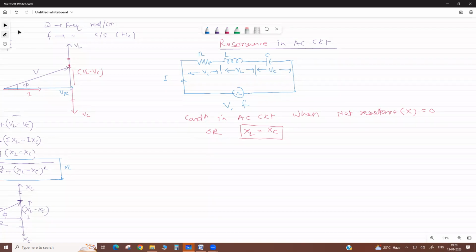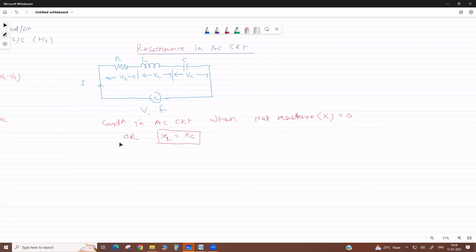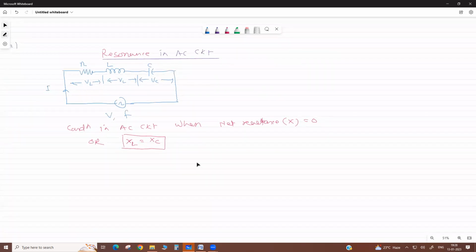To achieve this condition, it may occur naturally, or we create it. How do we create it? To make XL and XC equal, either you take a variable C and vary the C in the circuit, then at a particular value they become equal, or we fix the values of R, L, C and vary the frequency.